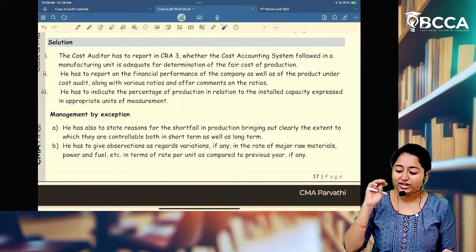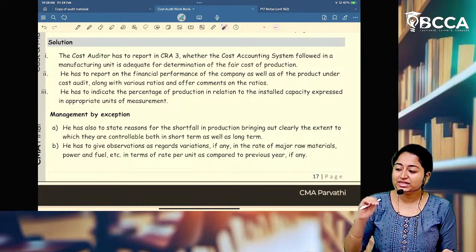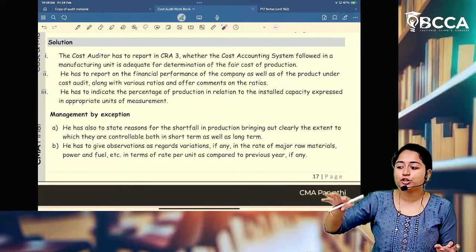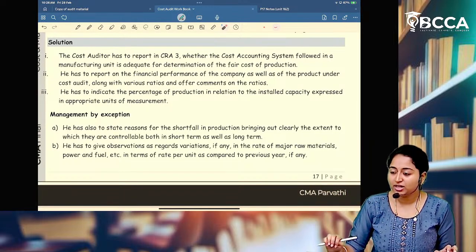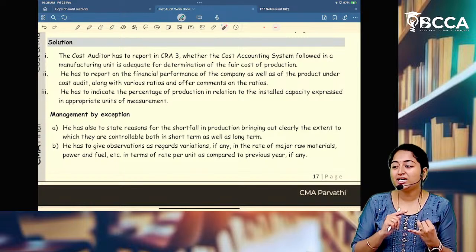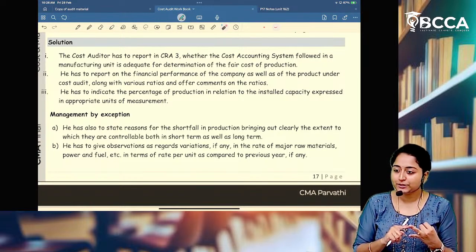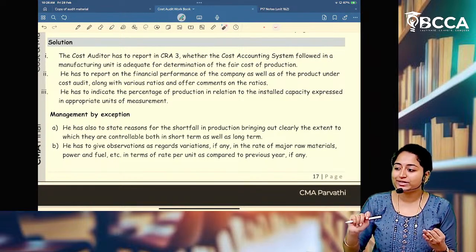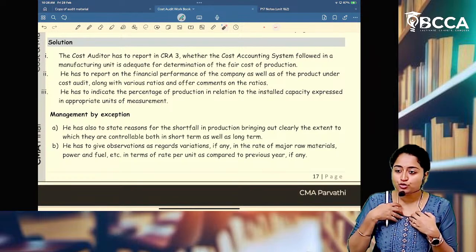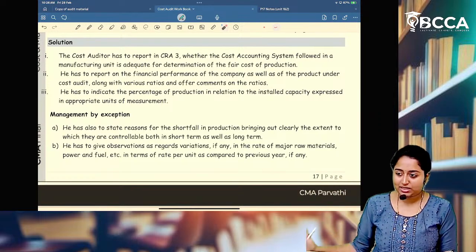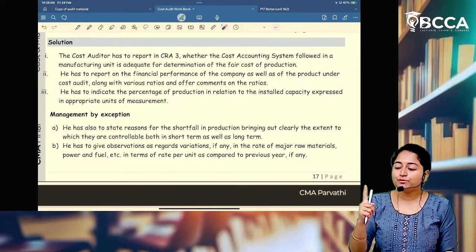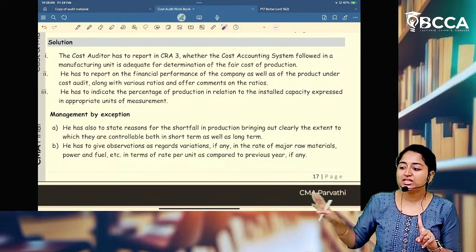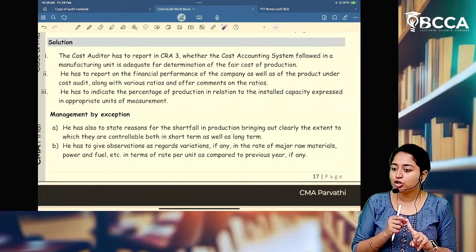Now, when the cost auditor is appointed, the management needs some kind of opinion from the cost auditor regarding production or regarding a new product being brought in, isn't it? Why is the cost auditor appointed by the management? Because they want to know something regarding the company, isn't it? One reason could be whether the company is performing well or not.